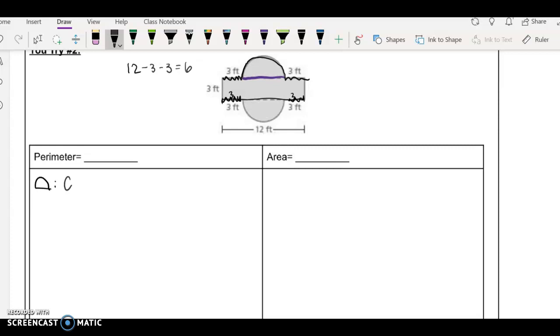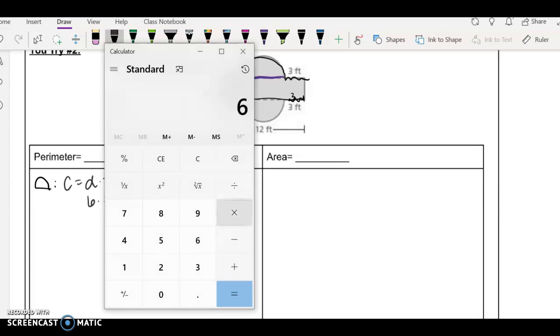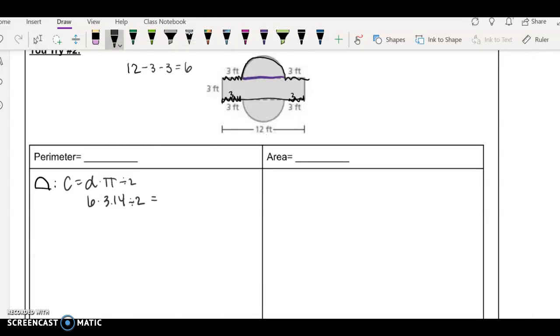So my circumference equals my diameter times pi. So I have 6 times 3.14, but since it's a semicircle, I'm going to divide it by 2. So 6 times 3.14 divided by 2, and I get 9 42 hundredths.